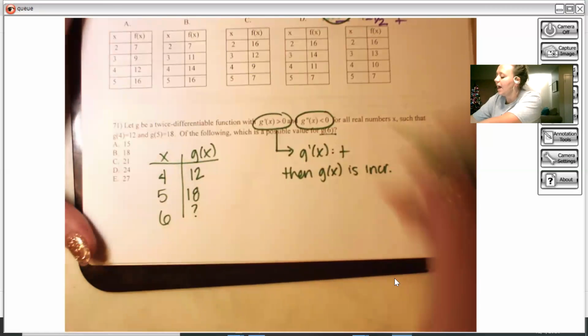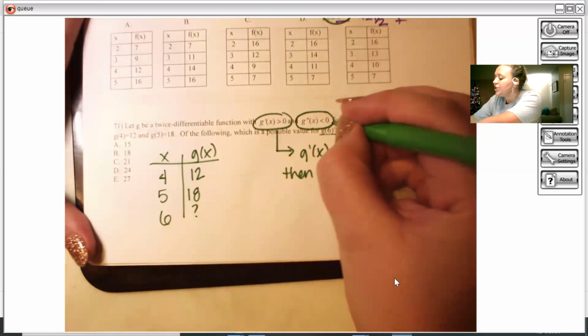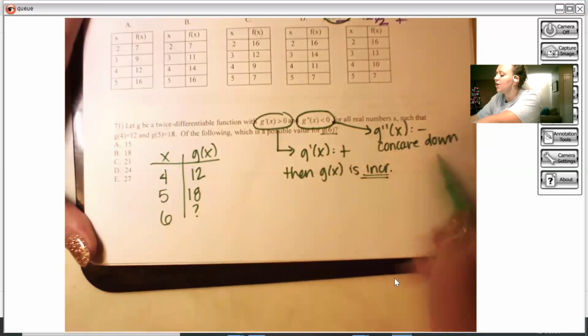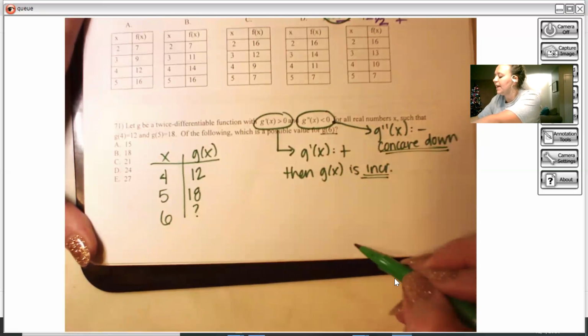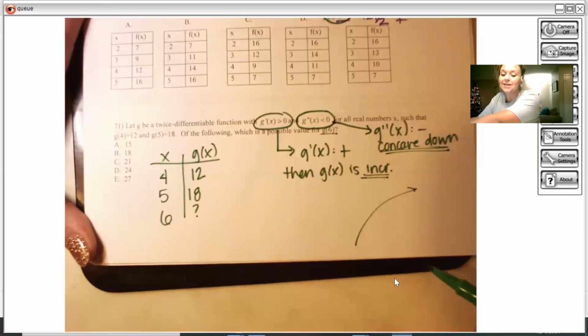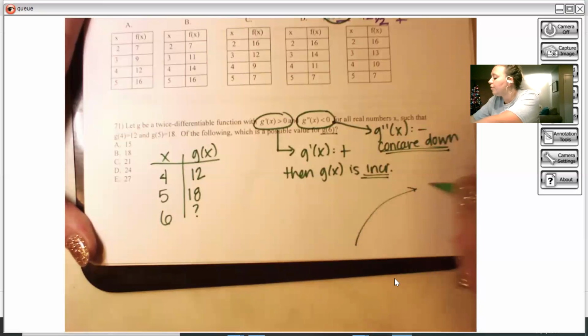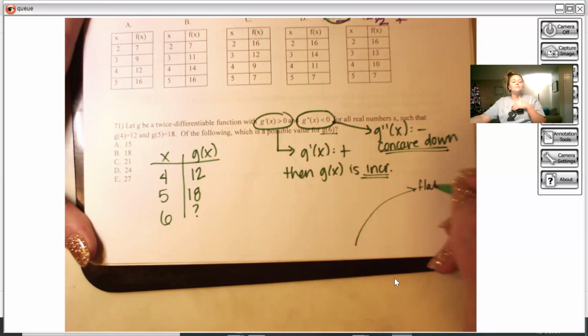Now if G double prime is less than 0, that means G double prime of x is negative, so my graph is concave down. So it's increasing with a positive slope, but it's concave down. So overall, my graph should be getting flatter, which means my jumps should be getting smaller.